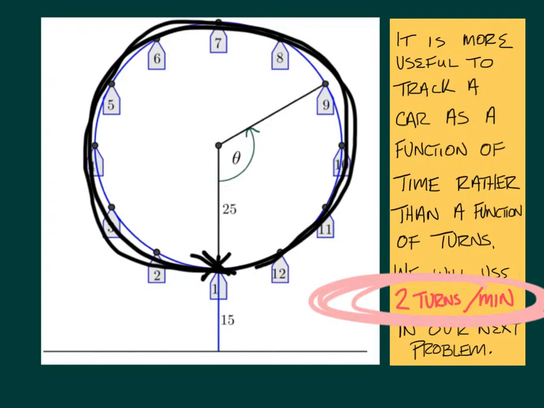7.5. So what does that mean in terms of this Ferris wheel? If I start off down here at the bottom, after 7.5 seconds, where am I at? You're at right here, 3 o'clock. At 15 seconds, where am I at? At 12 o'clock. And after 22 and a half seconds, where am I at? 9 o'clock.